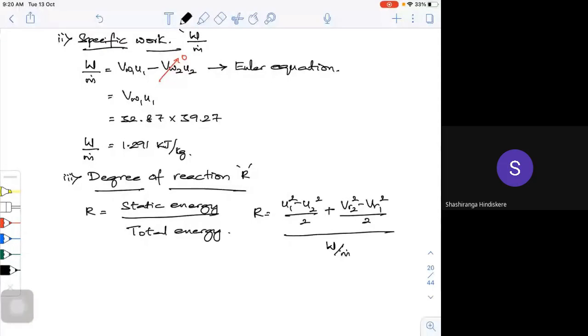If you go by this formula, I have to calculate VR2 and VR1, which is not calculated. I can do that, you can do that and find it.